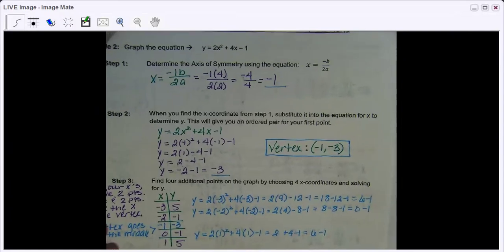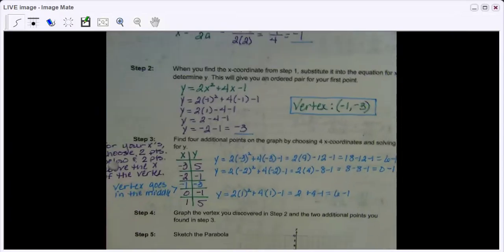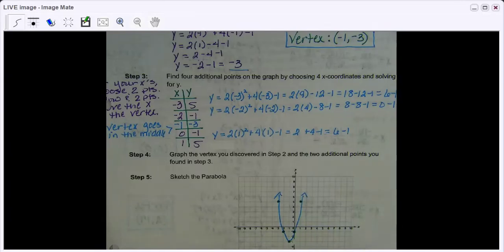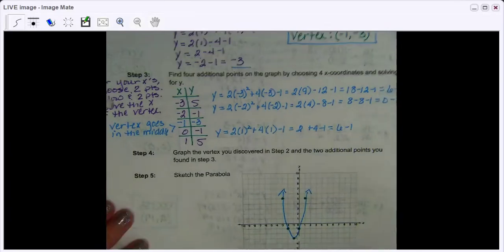Okay, here, so we looked at the vertex and then the table, and then here is the graph that we should have come up with. Okay, are there any questions on this? Anyone still working? All right, let's go ahead and go to page 4.